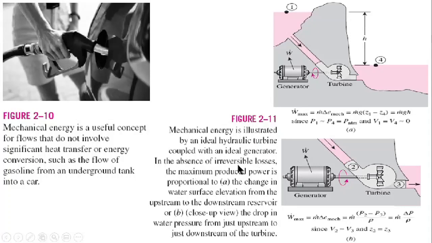In the absence of irreversible losses, the maximum produced power is proportional to A, the change in water surface elevation from the upstream to the downstream reservoir, or B, the drop in water pressure from just upstream to just downstream of the turbine.